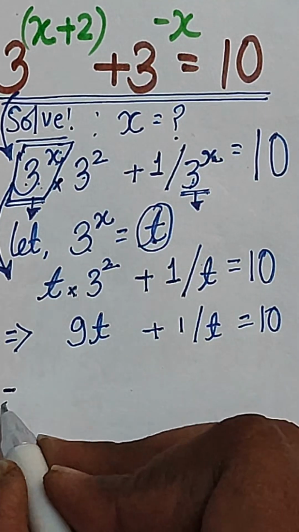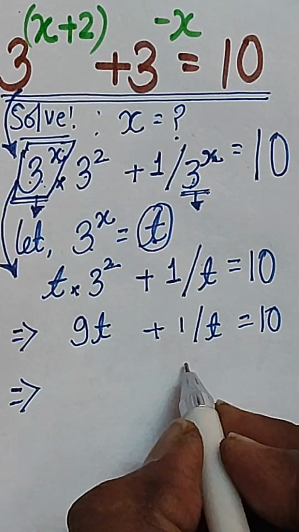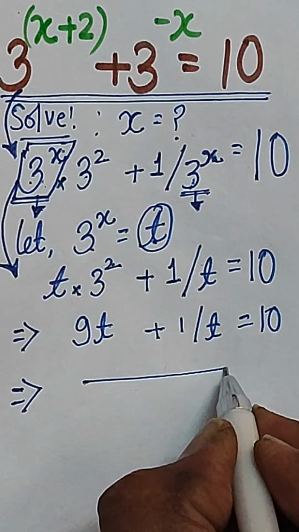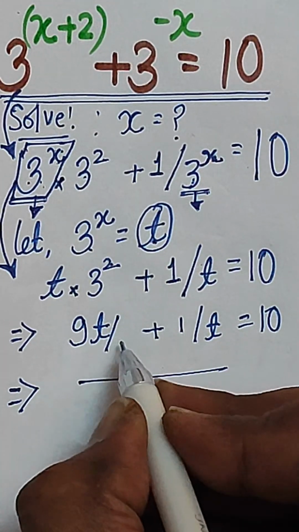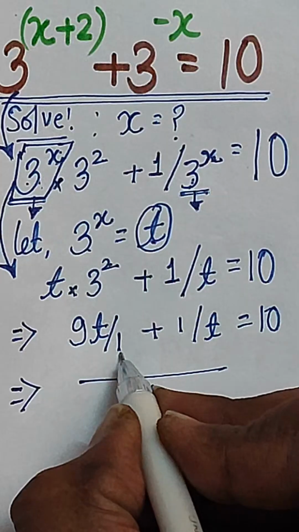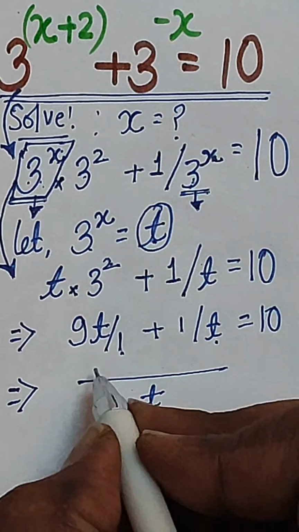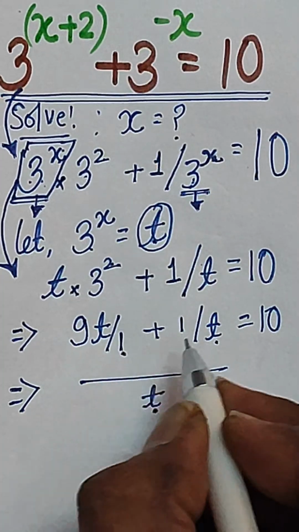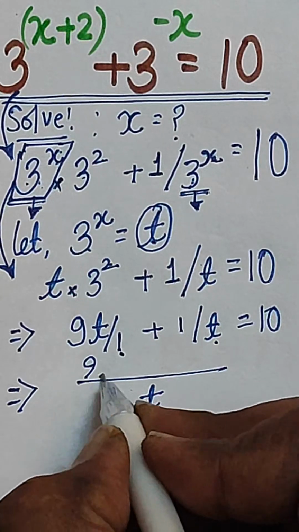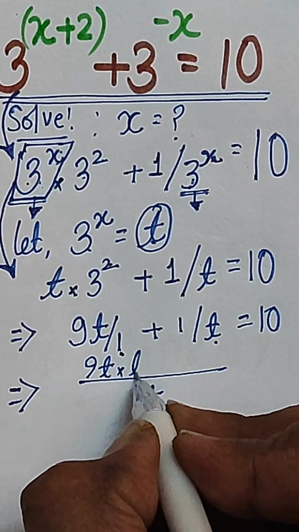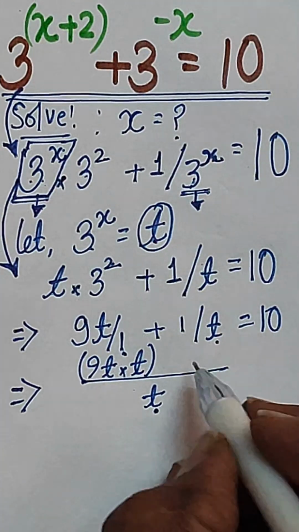which can be further written as, when t is taken as a denominator, LCM, because here the denominator of 9t is 1, so 1 and t will give you an LCM t, and 1 will become t times 1, so it will be 9t into t for the first term, right?